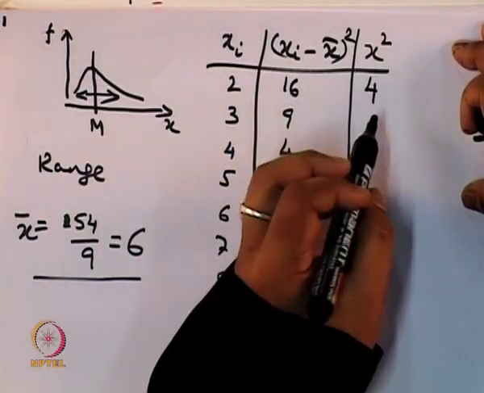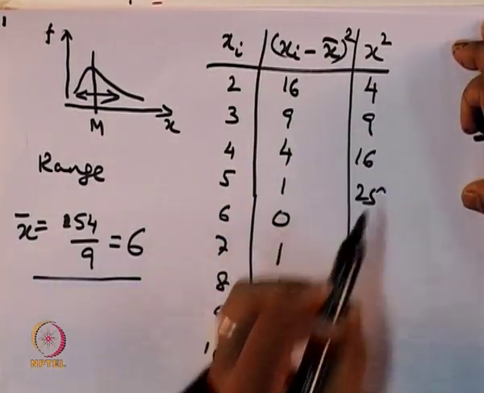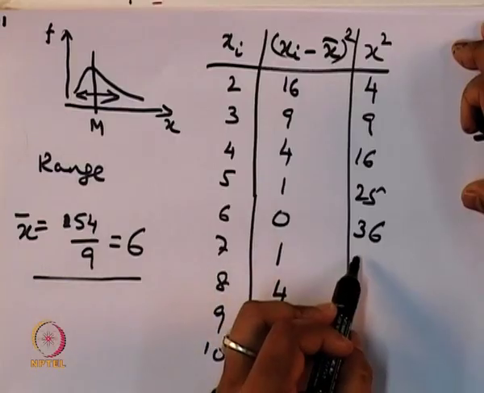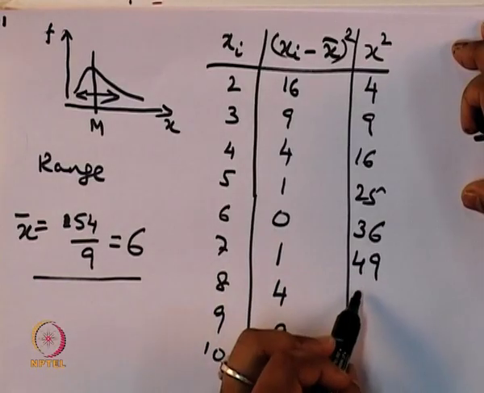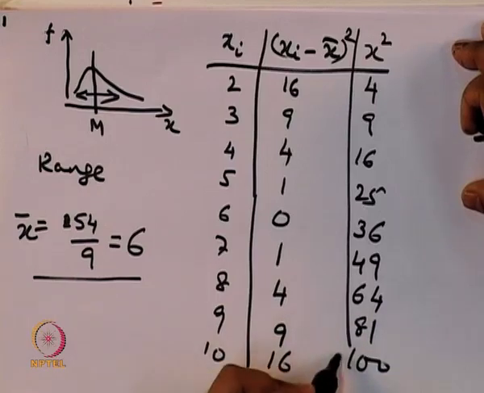And for x square: 4, 9, 16, 25, 36, 49, 64, 81, 100.